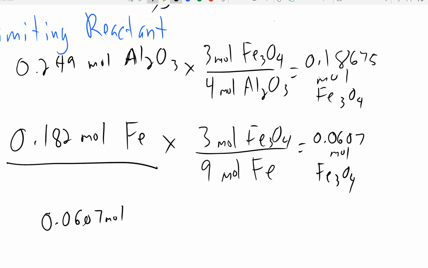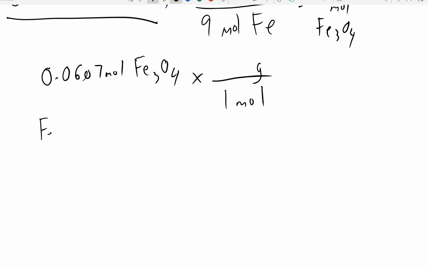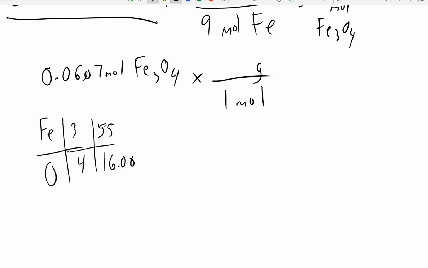0.0607 moles of Fe3O4 times, for every 1 mole, we want to figure out how many grams, the molar weight of Fe3O4. You're going to get 16.00, and Fe is 55.85.